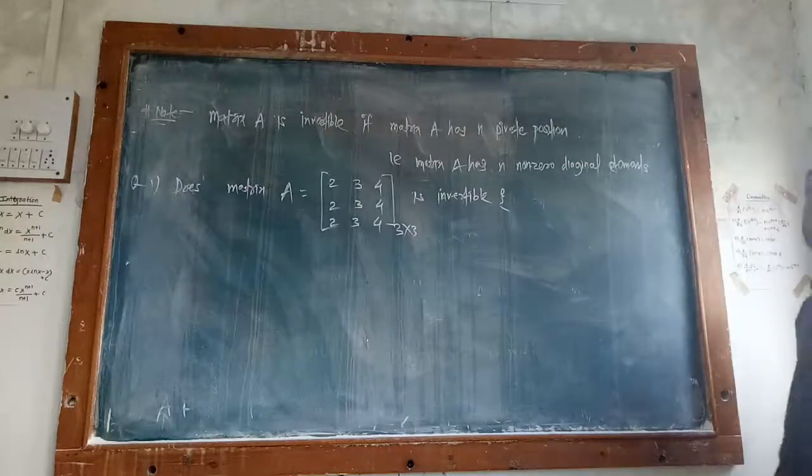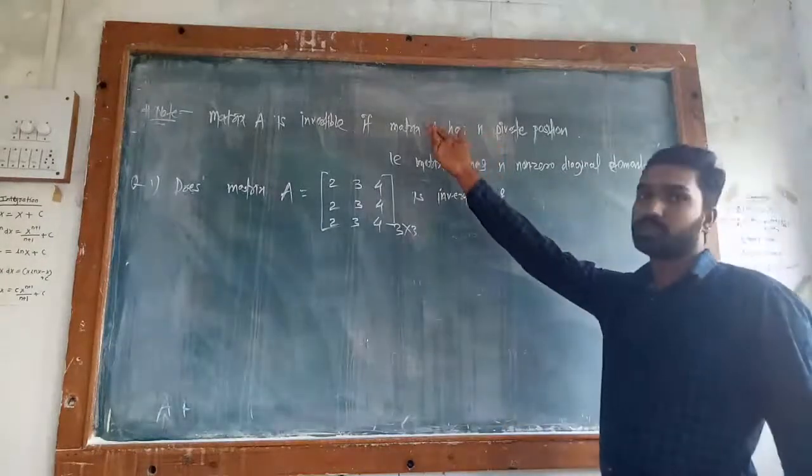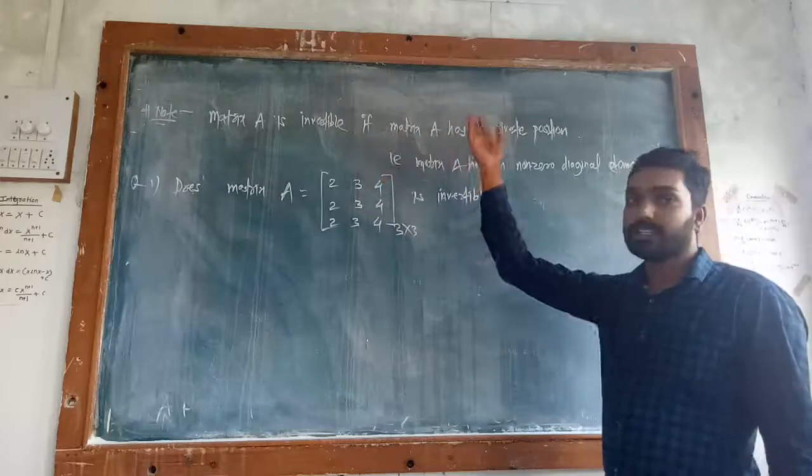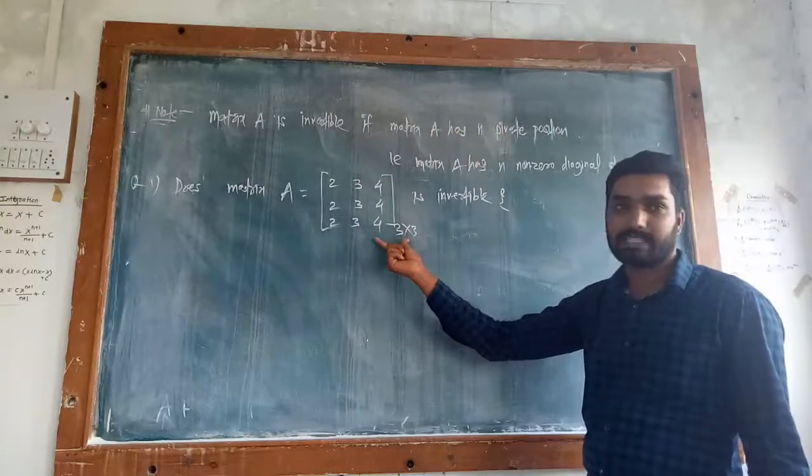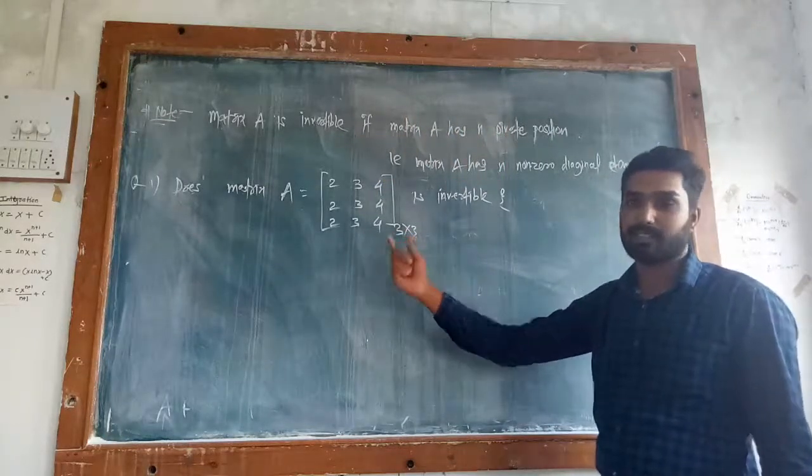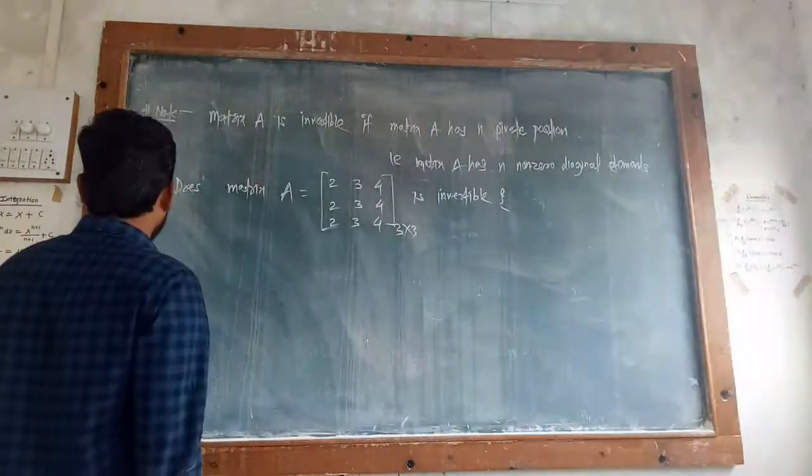We have to check that this matrix is invertible, so we use this remark. Matrix A is invertible if this 3 by 3 matrix has 3 pivot elements. Okay, so write down the solution.